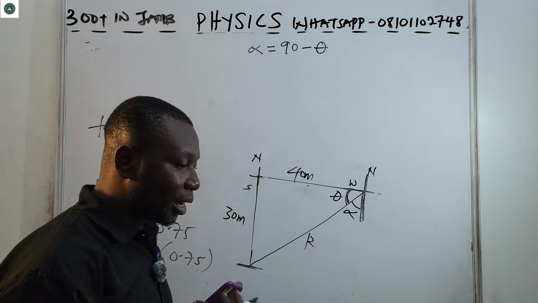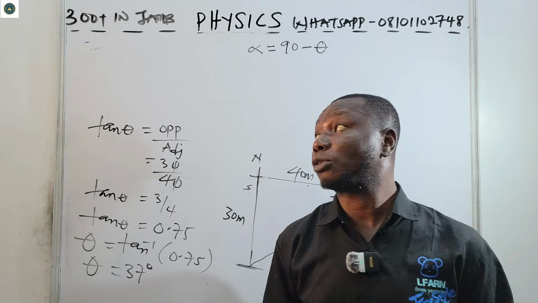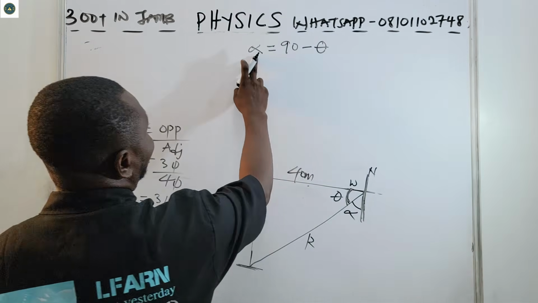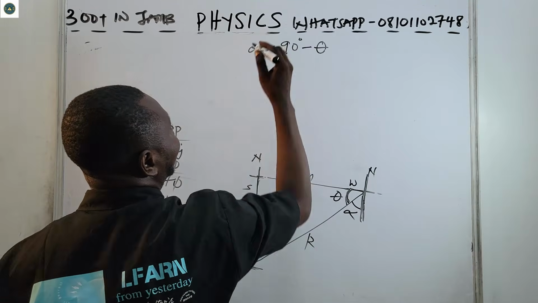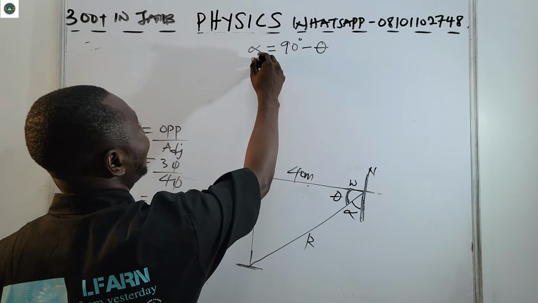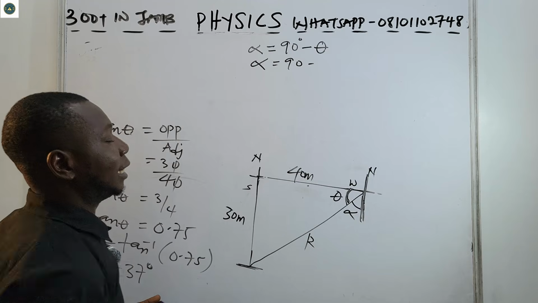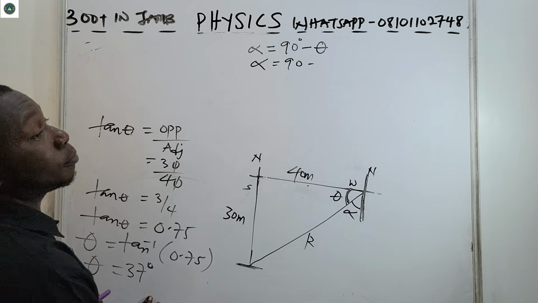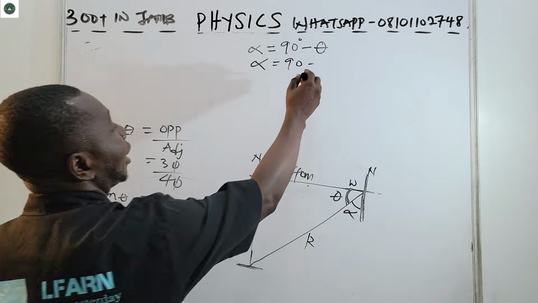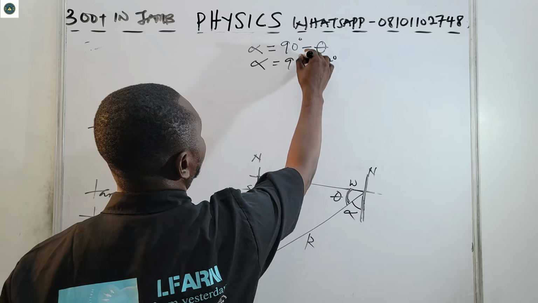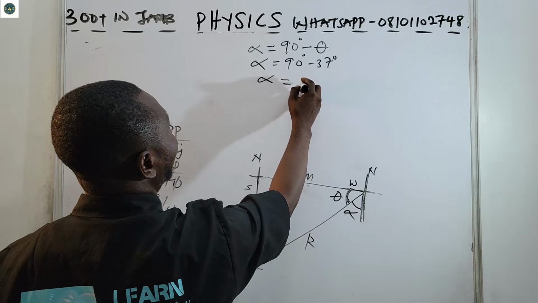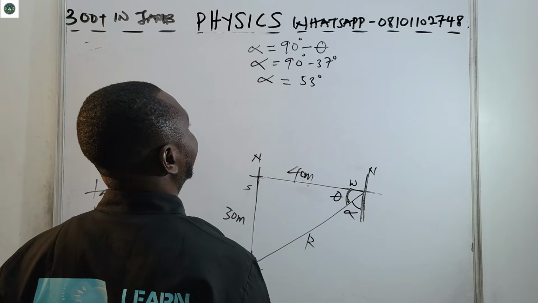Because for a complementary angle, the sum of two angles gives you 90 degrees. So alpha is 90 degrees minus theta. And theta is approximately 37 degrees. So alpha is 53 degrees.